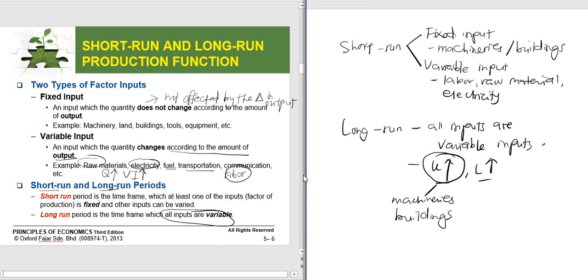So in the long run, you are able to increase the number of machineries that you have in your production, and you can also increase the number of buildings or premises that you need for your production. So that usually occurs in the long run.